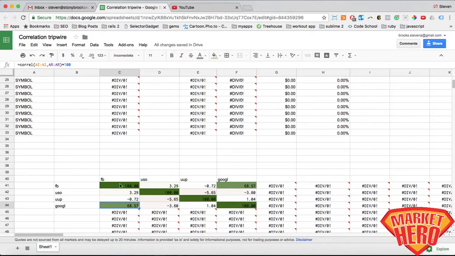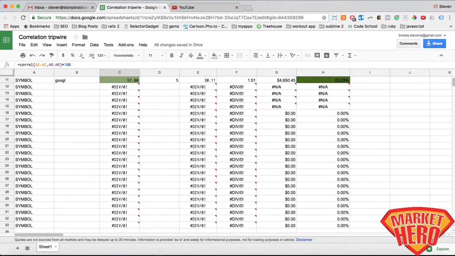But again, Facebook moves with oil 3% of the time. Facebook moves with the US dollar 0% of the time. Those are completely not correlated from one another. Facebook and Google, however, move together 70% of the time. Those are quite correlated from one another.